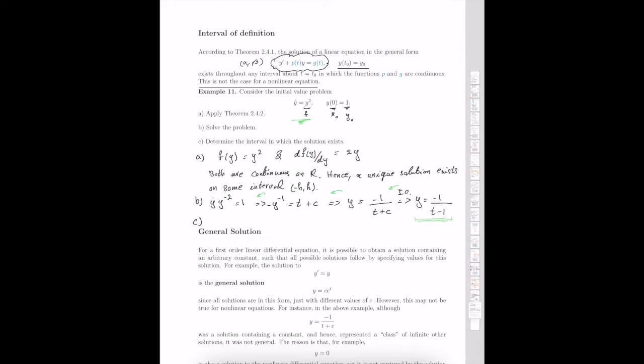But as long as it is differentiable, so we need it to be continuous, and we need the differentiation to also exist. So y itself will not exist for t equal to 1, right here. We cannot have it defined for t equal to 1.